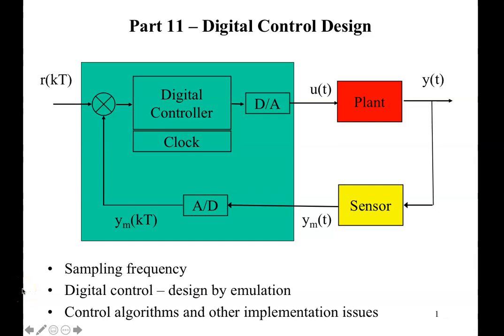So far we have discussed how the sampling process takes place to convert the continuous time signals into discrete time sequences. We discussed the Z transforms and how to convert sequences into its frequency representation in Z transform.